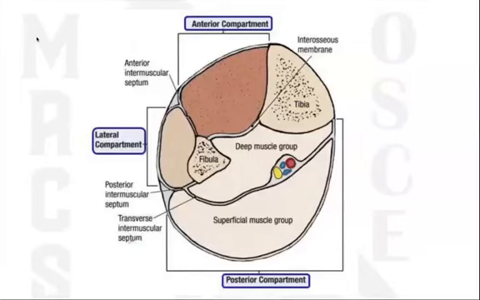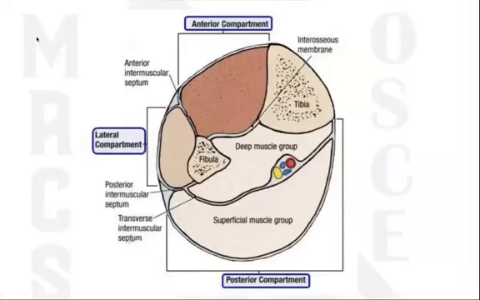Okay. So the anterior compartment is separated via the interosseous membrane, and it will be divided from the posterior compartment. So there is one interosseous membrane and three intermuscular septa. One is anterior, second one is the posterior, and the third one is the transverse.